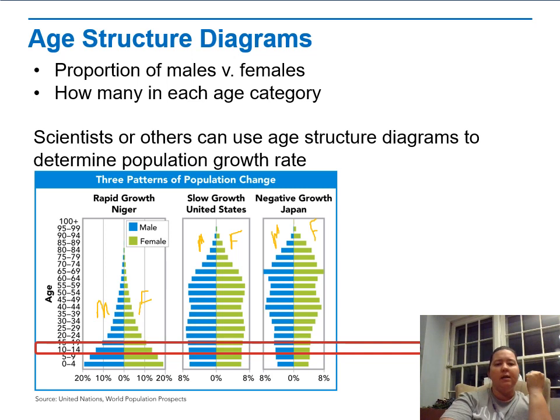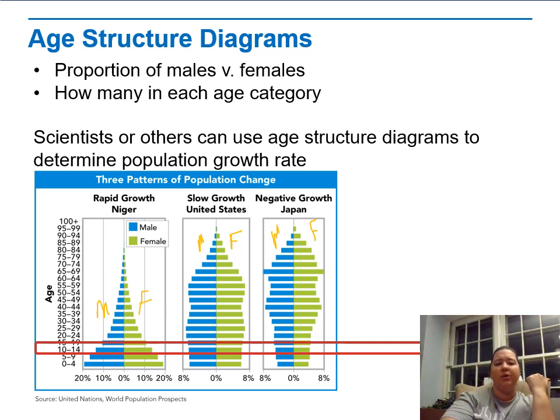In that stage, that's going to be the next generation of parents within 5 to 10 years, and depending on exactly which country it is, that comes sooner than others. But in the next 5 to 10 years, those individuals are going to be the ones having babies. So the more people you have in this age range means the more babies that are going to be born in the next 10 to 15 years.